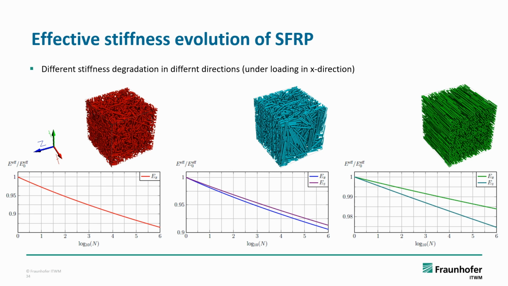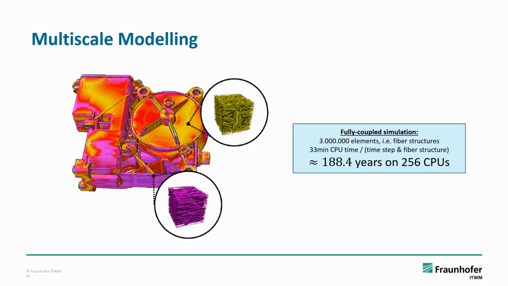For this case, the stiffness degradation, shown here in a relative manner, is anisotropic. So for example, for the planar isotropic case shown in blue here, EX does not evolve in the same manner as EZ does.